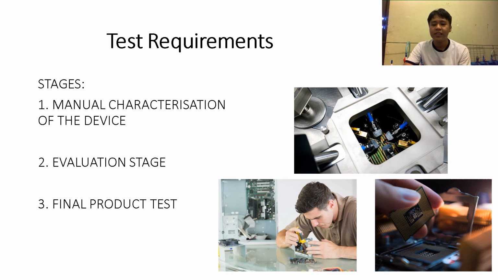Here, the device's performance is evaluated to decide the product specification. Then comes the final product testing at the fabrication stage, where the device is checked for whether it meets the specifications. This stage is supported with automated calibration and testing.